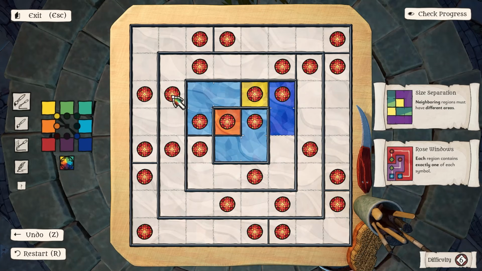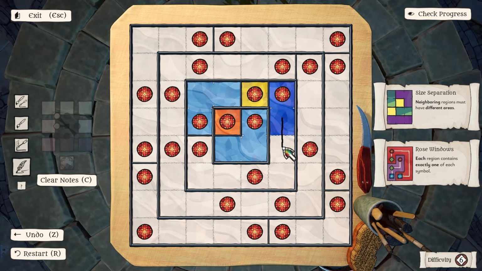Okay. Wait, okay. This thing can't be a 3, because if it were, this could still be a 1. Yes. Okay, there's something else.